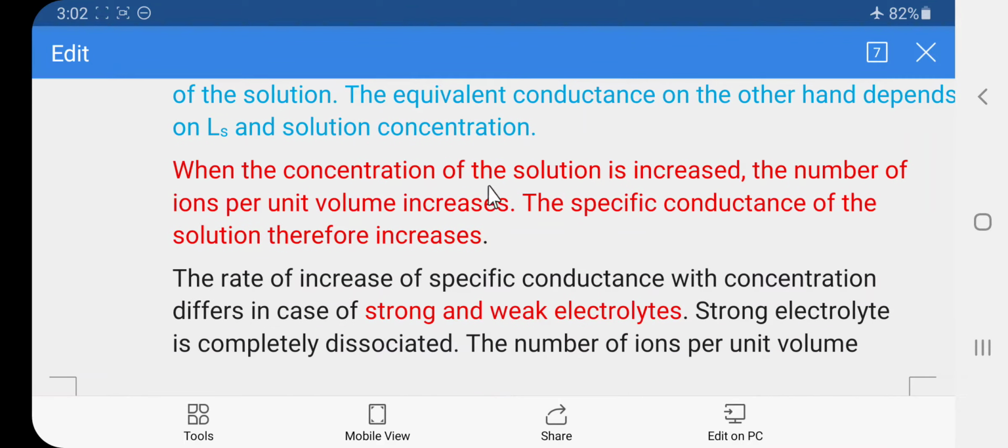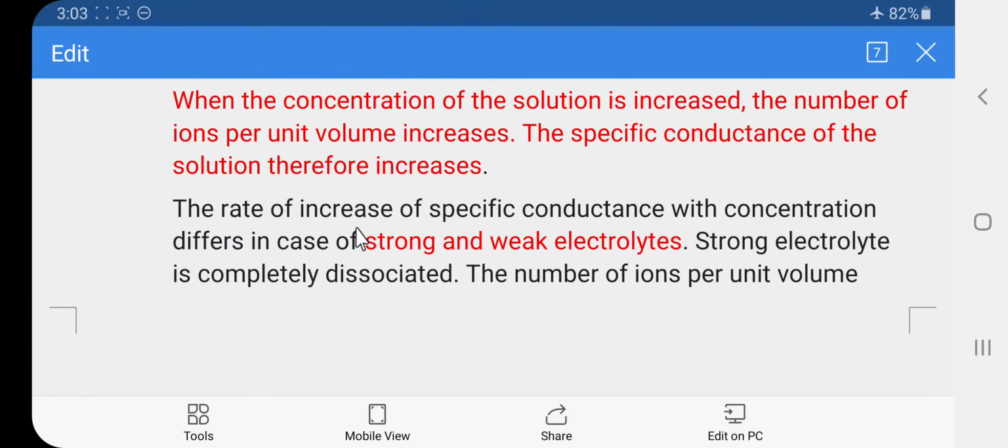When the concentration of the solution is increased, generally the number of ions per unit volume also increases, and the specific conductance of the solution therefore increases. So as the number of ions per unit volume increases, the specific conductance value also increases.